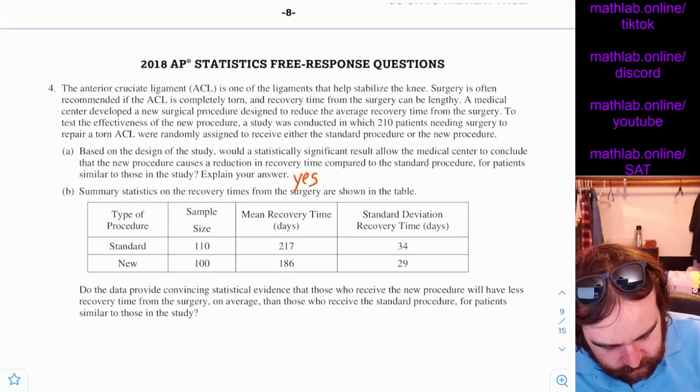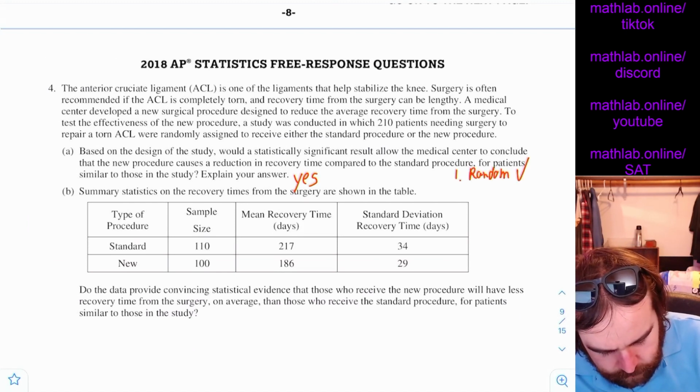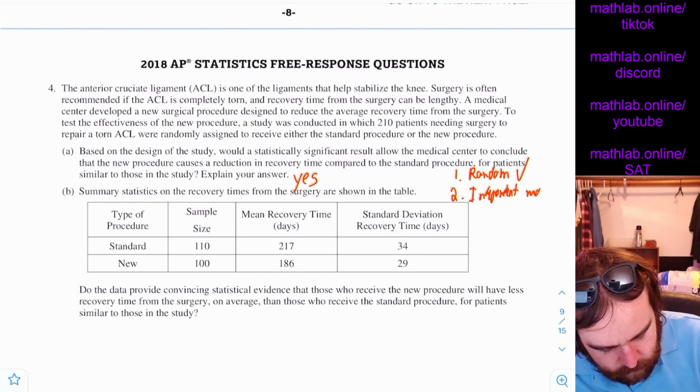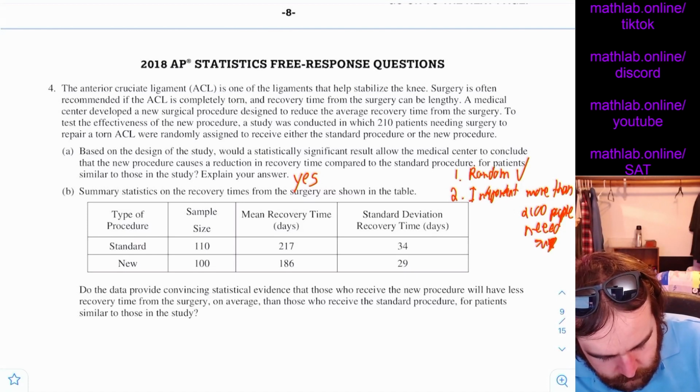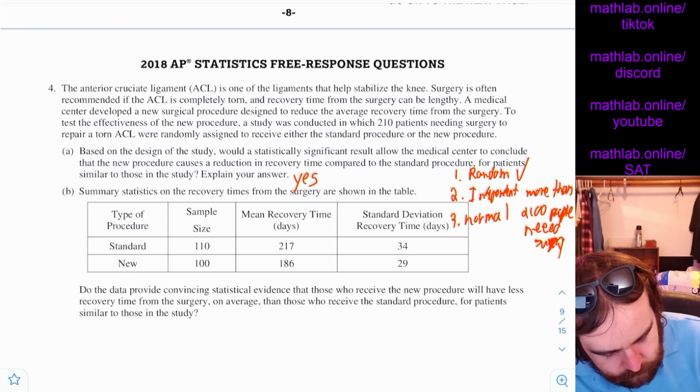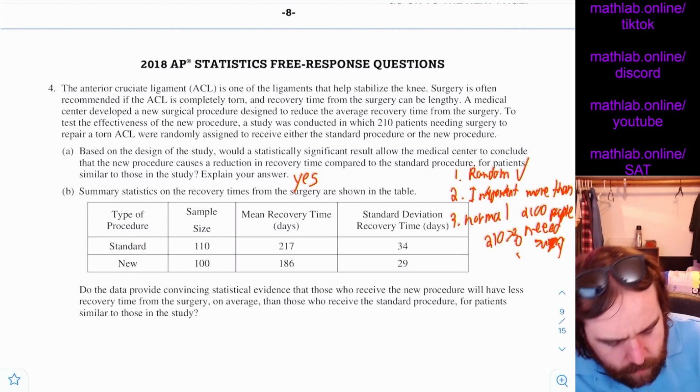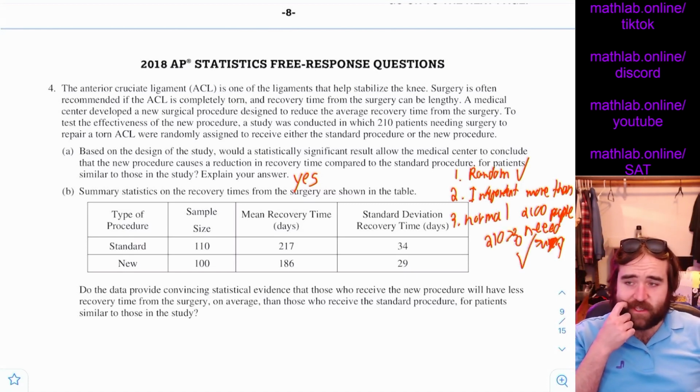So I just do the conditions here. 1, it's random. 2, independent, because more than 2,100 people need surgery. I'm even throwing context in there. Look at that. And then normal, so 210 is greater than 30. So yeah, it meets all the conditions. And that's really it, right?